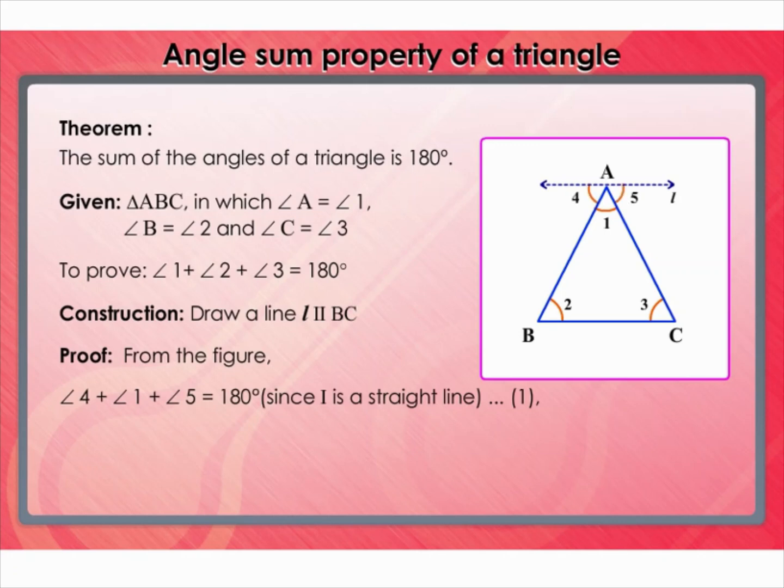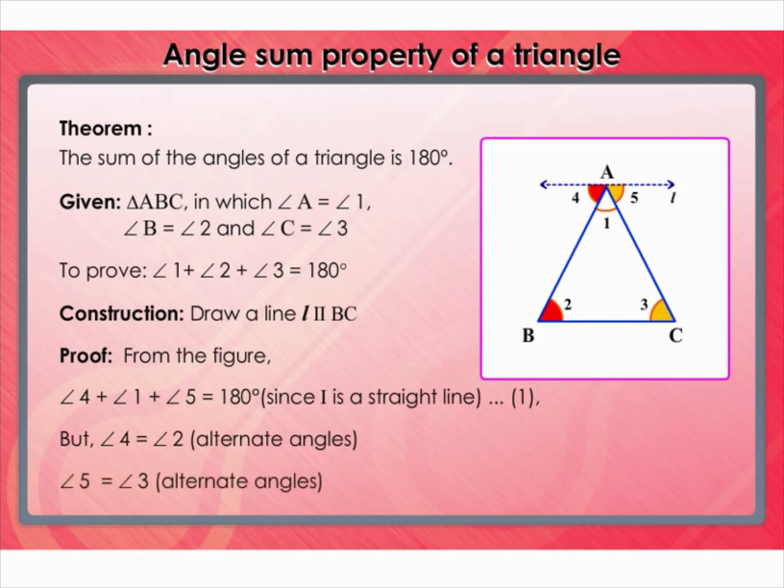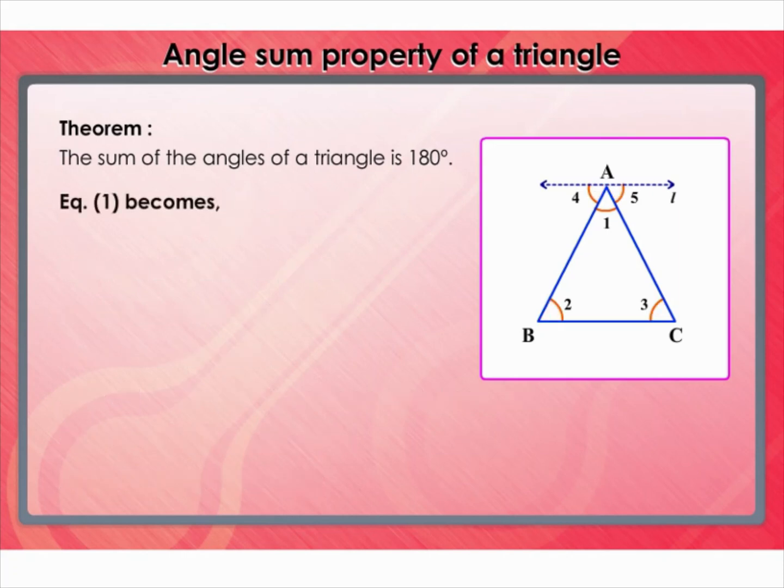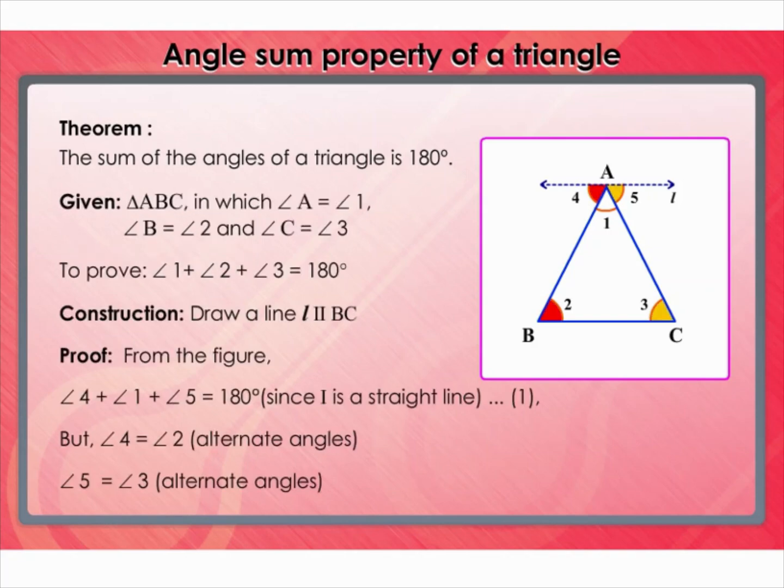This implies the pair of alternate interior angles is equal. That is, angle 4 is equal to angle 2 and angle 5 is equal to angle 3. Substituting the values of angle 4 and angle 5 in equation 1, we get angle 1 plus angle 2 plus angle 3 is equal to 180 degrees.